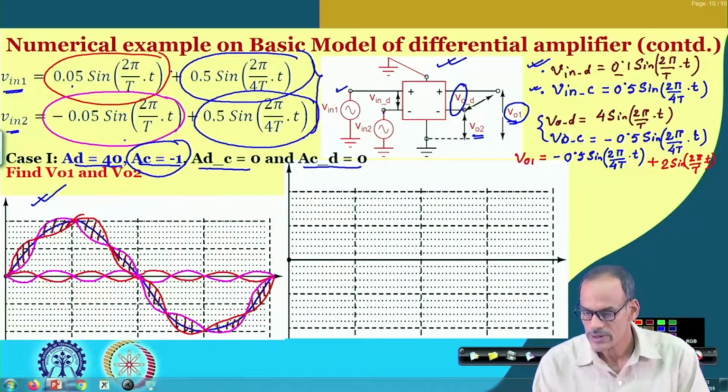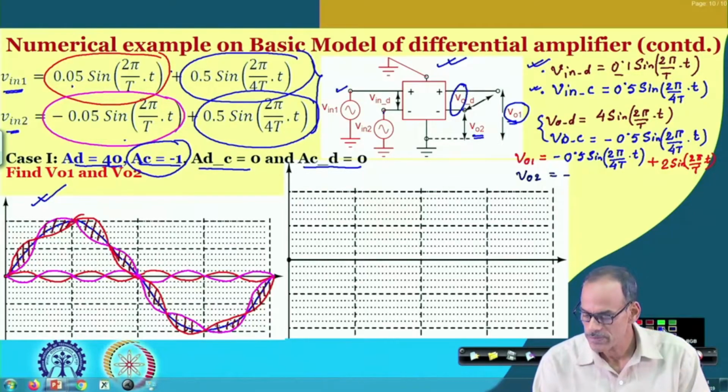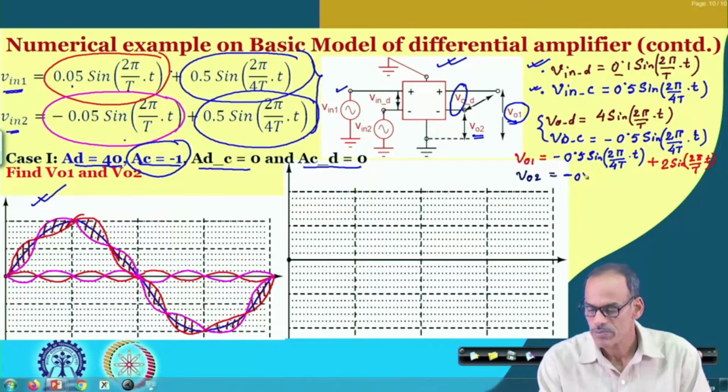Likewise the other signal, namely VO2, is equal to the same common mode part, minus 0.5 sin 2 pi by 4 capital T into t, and then minus 2 sin 2 pi by capital T into small t.